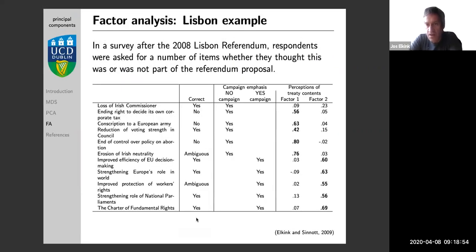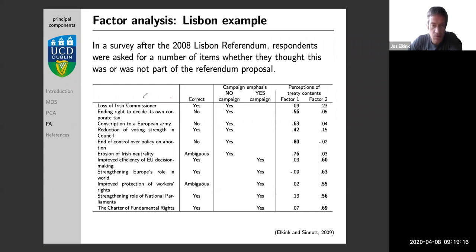Here's a totally different example from some applied research that I did a few years ago. In 2008, we had a referendum in Ireland on the Lisbon Treaty on European integration. There were quite a few different items mentioned in the campaigns, by the different campaigns.